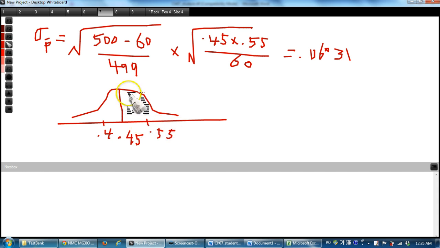So the bottom line of question B is we want to calculate this area right here.